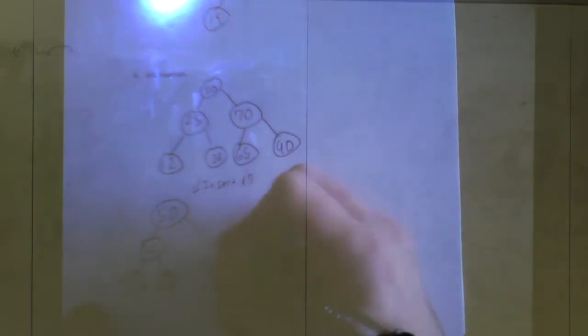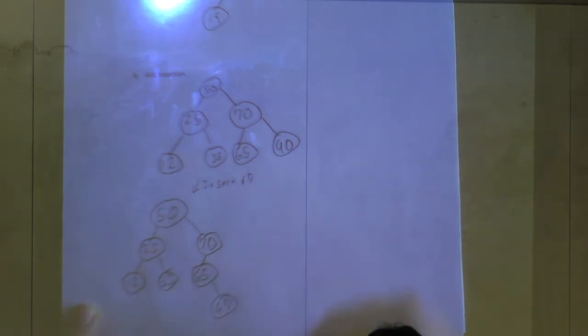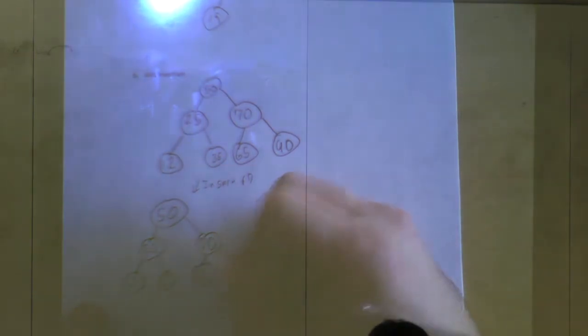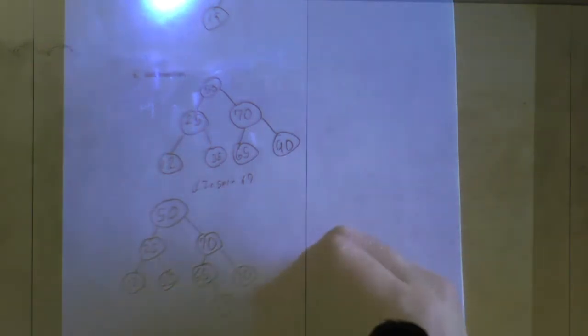Here we're going to get 70, 65, 67, and then 90. Okay, so from that insertion, we can look at this node that we just inserted.